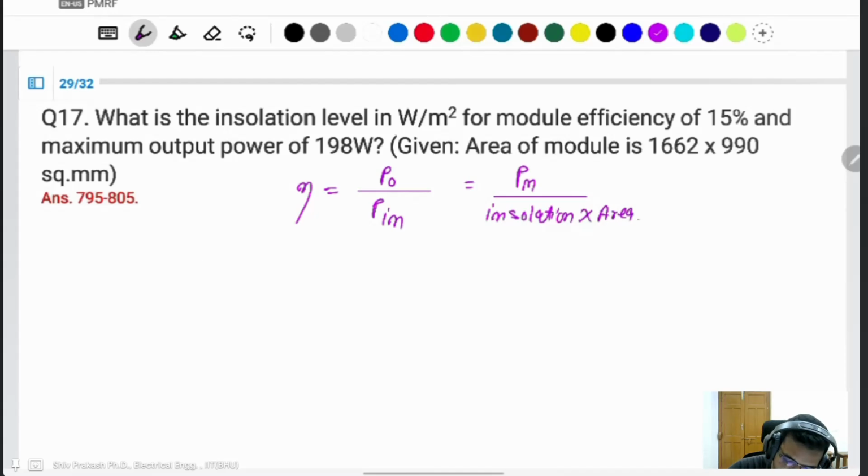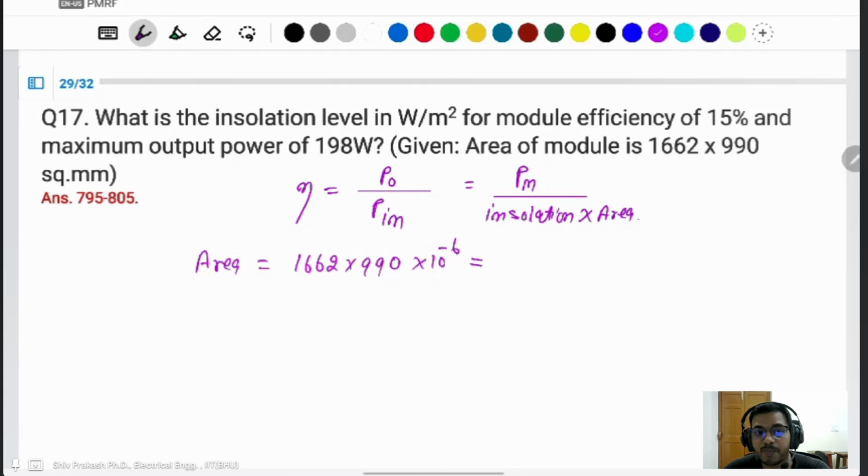First calculate the area: 1662 into 990 mm square, then multiply by 10 to the power minus 6 to convert into meter square.